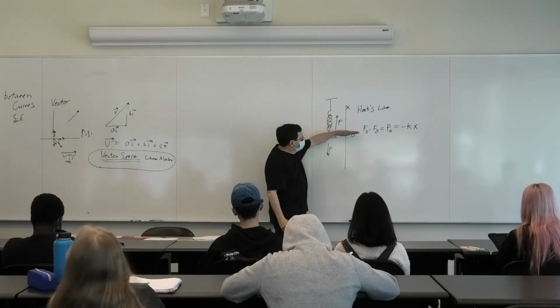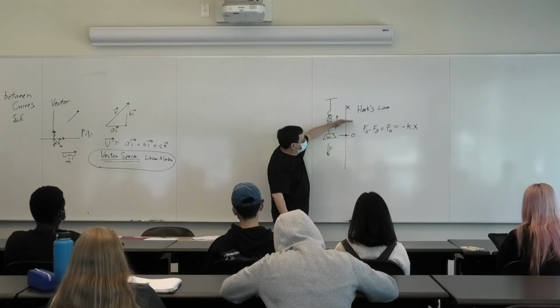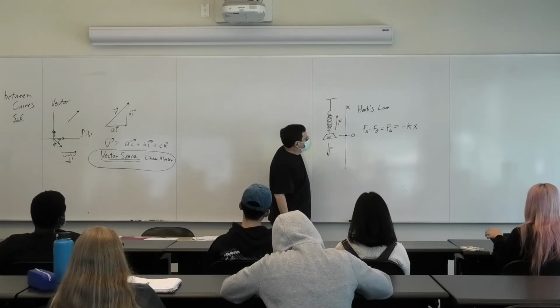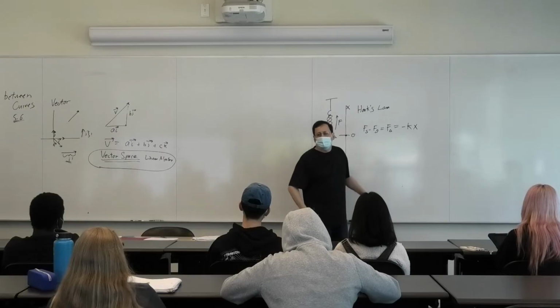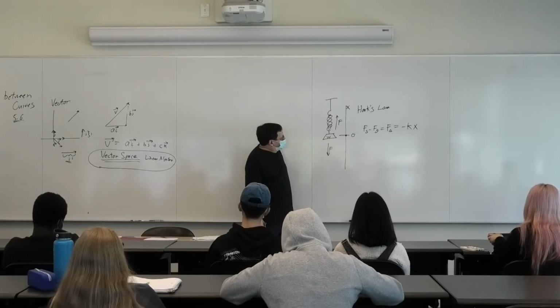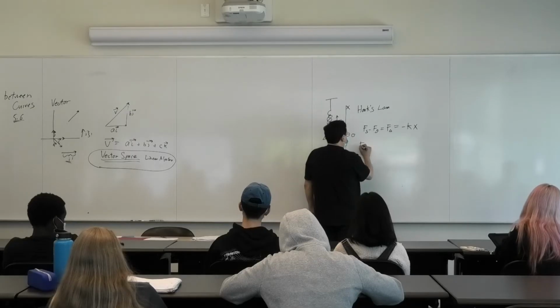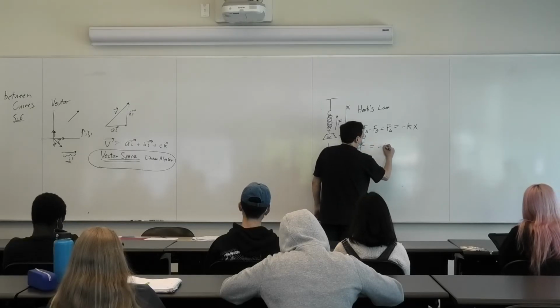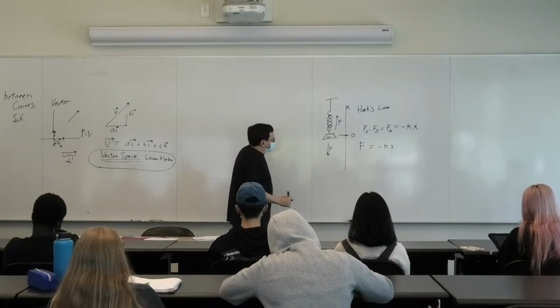That is, it's in the opposite direction of the displacement, and there's some constant involved that depends on what units you're using. All right, so what do we got here? We've got some force equals some negative constant times displacement. And what is F?